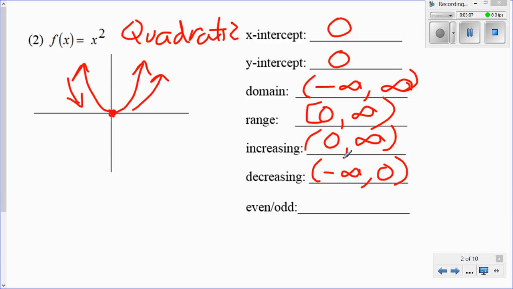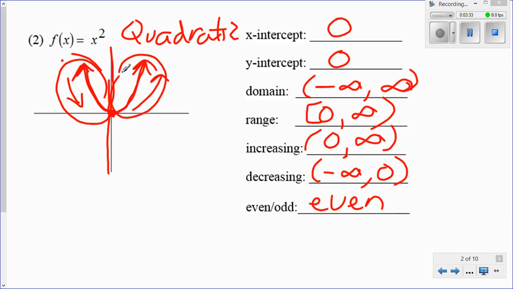And this is actually an example of an even function, which again has to do with the symmetry of the graph. An even function is symmetric with respect to the y-axis, so basically that just means it's the same on either side of y. Or if we were to reflect this half of the graph over the y-axis, we would get this half of the graph.